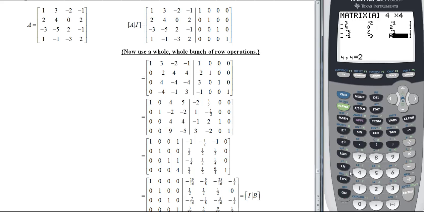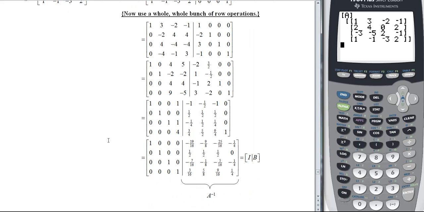Whew. So second quit, clear that mess off. Second matrix, I'm going to check A, see if I put it in right. Okay.